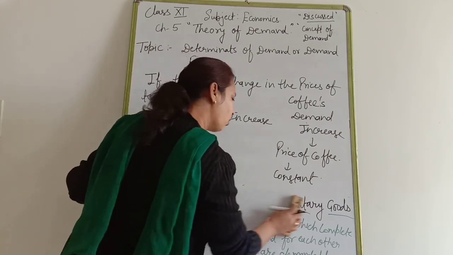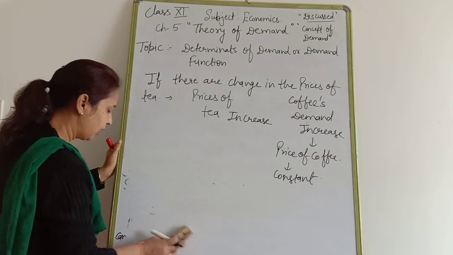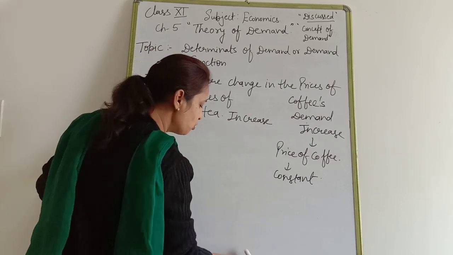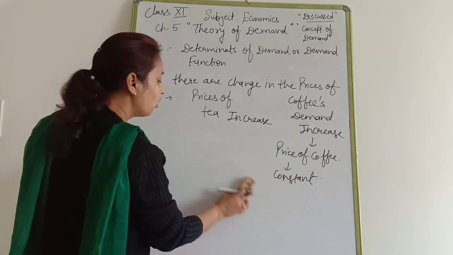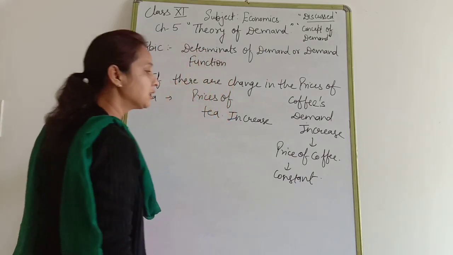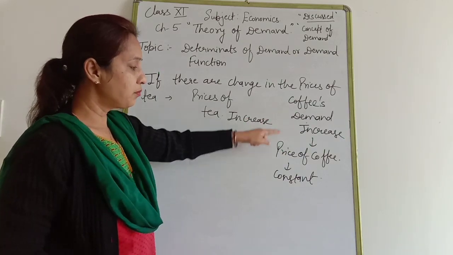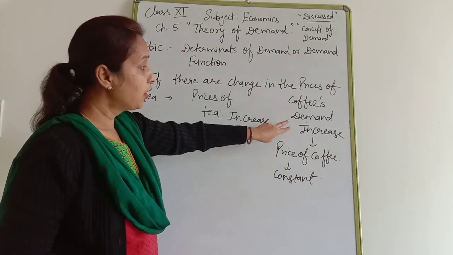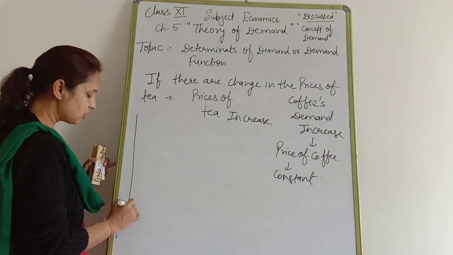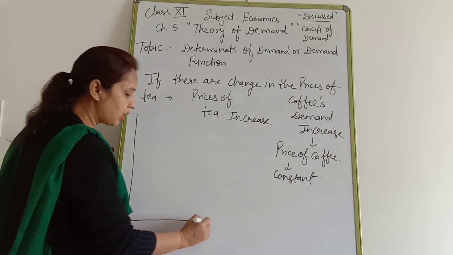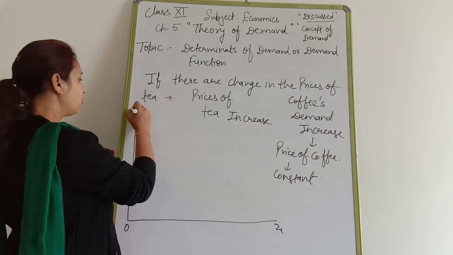How are we going to draw the diagram? We are going to draw the diagram of the constant good, clear? Constant prices, whose prices are constant. So we are always going to draw that good whose prices are constant. In that example you can see the prices are constant for coffee but the demand increases due to the change in the prices of tea. All of you know we are going to take here OX and OY.